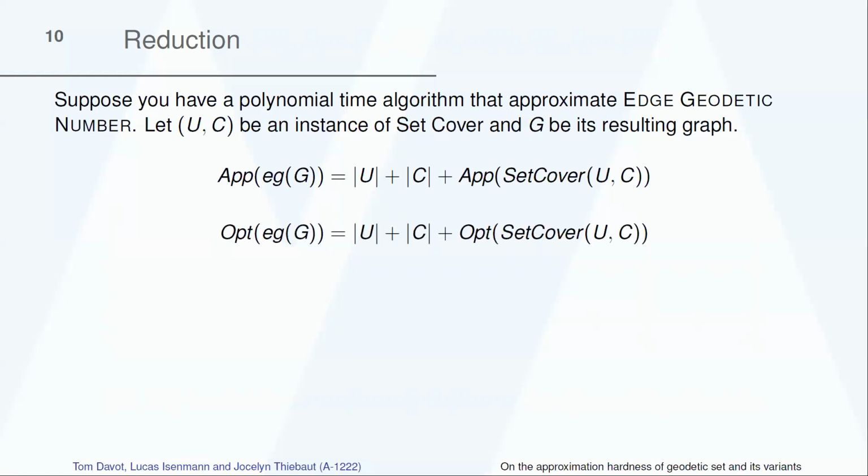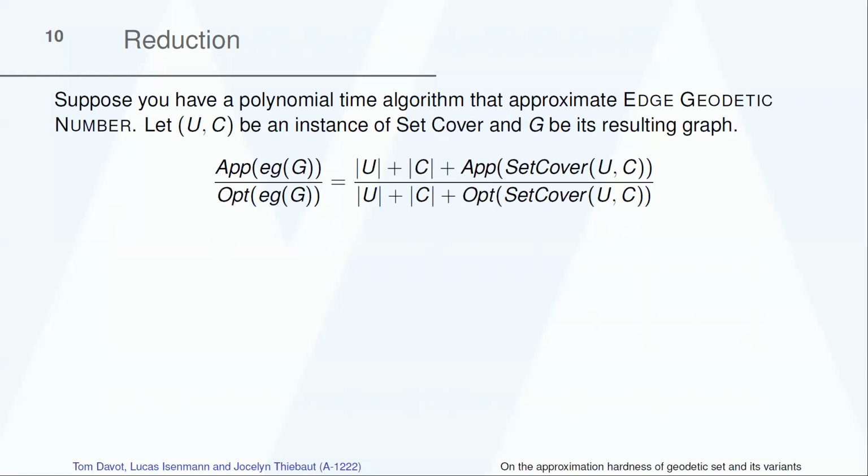And it's also the same for the optimal solution. So what's important now is the ratio of these two things. And in fact, like this, it does not work. Importantly, the problem here is this additive constant, additive value, sorry.